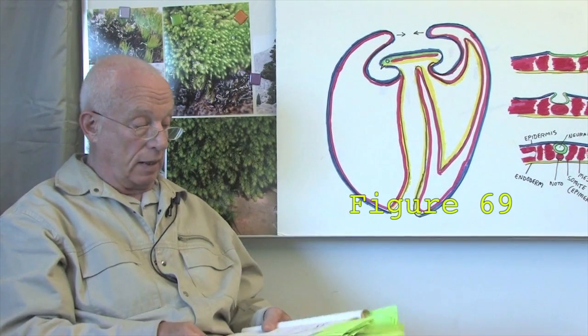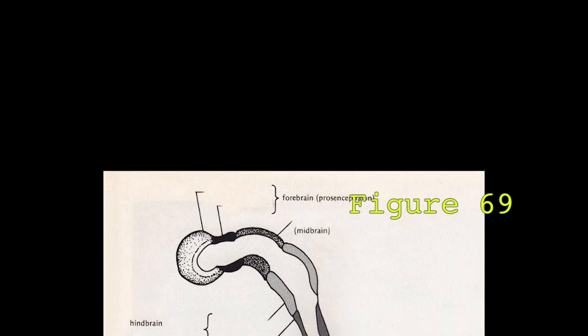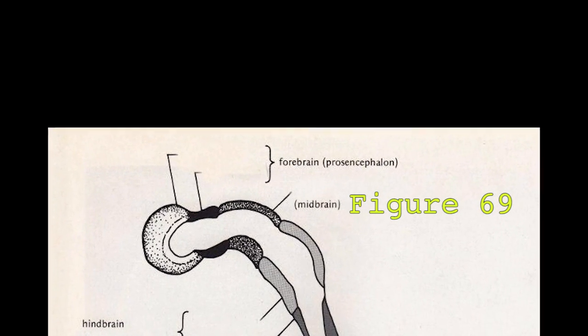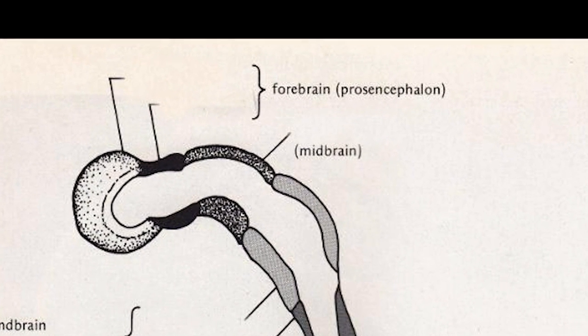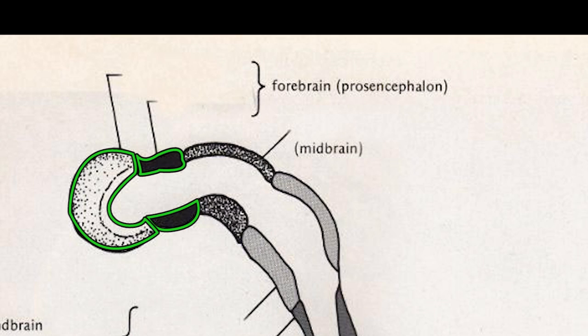In figure number 69, it just summarizes the divisions of the brain. The forebrain, or prosencephalon, is divided into the anterior telencephalon and the posterior diencephalon.